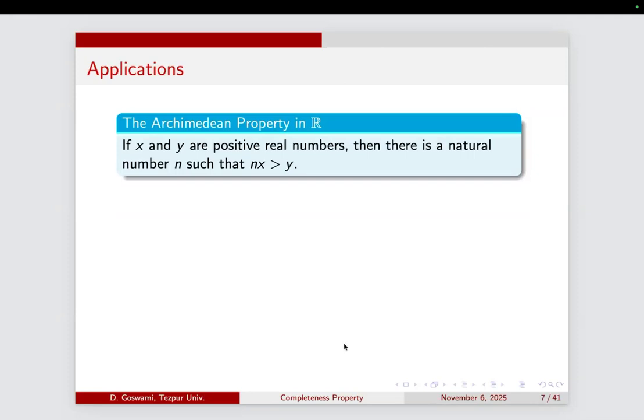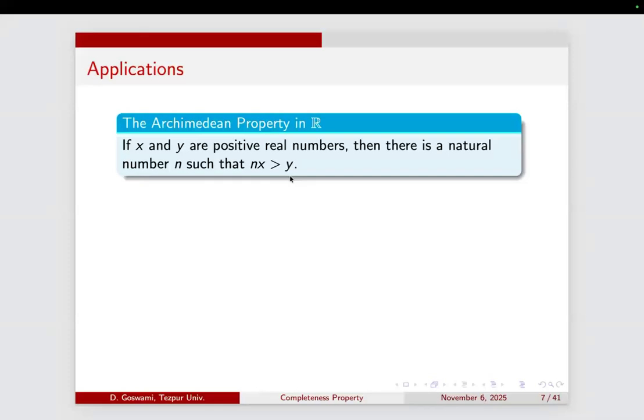Just by assuming there is a supremum, this completeness property of R, we have some immediate applications. For example, the Archimedean property of R: if you take two positive real numbers x and y, then there exists a natural number n such that nx is strictly greater than y.